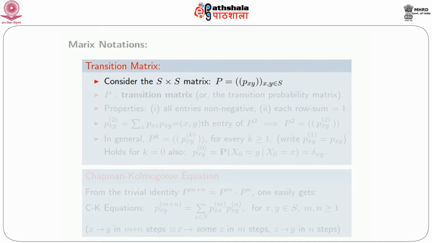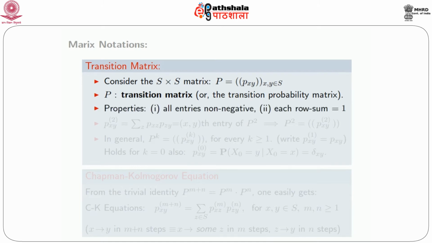So it has S many rows and S many columns. The number of rows and number of columns is the number of states, and the xth row, yth column element is Pxy. So this P is often called the transition matrix, or sometimes the transition probability matrix.